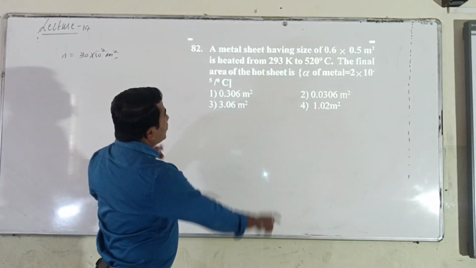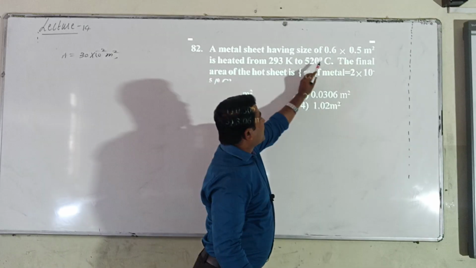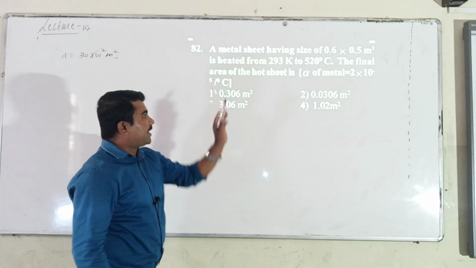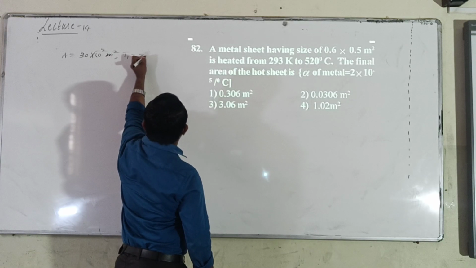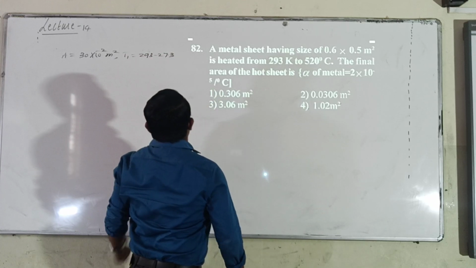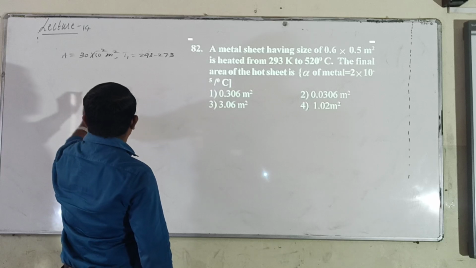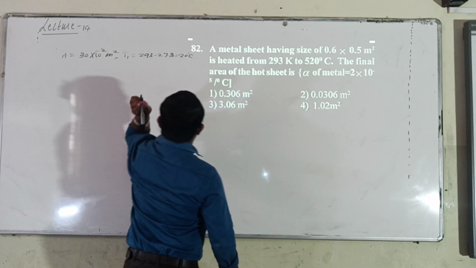Heated from 293 Kelvin. Here it is given in Kelvin, but I should make it in degree Celsius. Initially T1 is 293 minus 273, that is 20. So T1 is equal to 20 degrees Celsius.